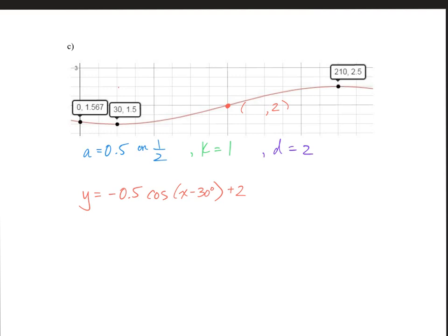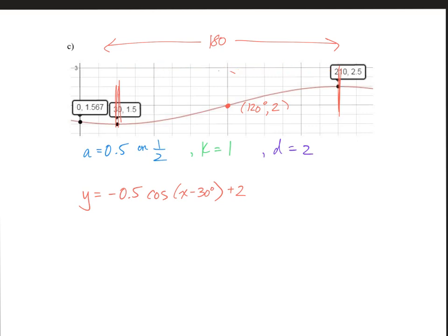Well, I know that I have to be halfway between 30 and 210. So the distance between those two values is 180, which means if I go 90 degrees in from one side or 90 degrees back, I'm going to arrive at the middle. And that's going to get me to a value of 120 degrees.